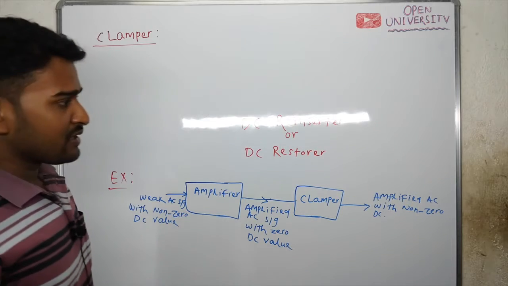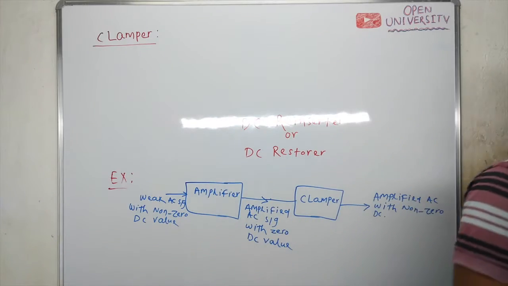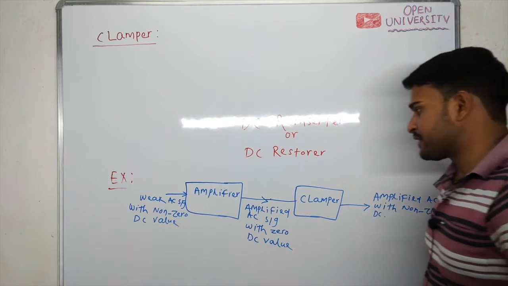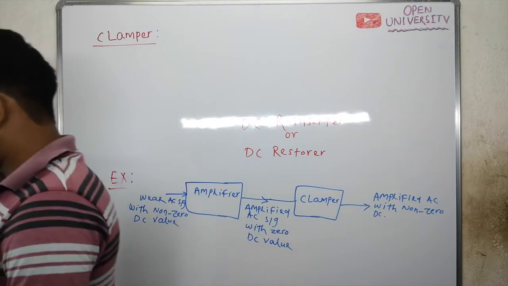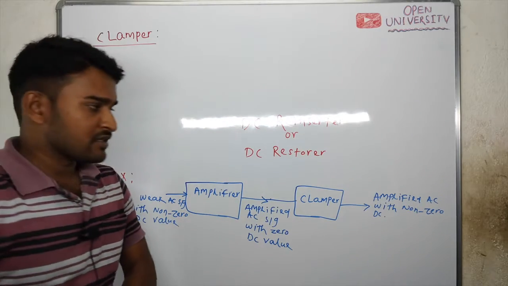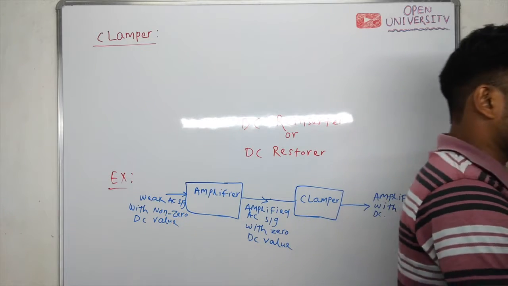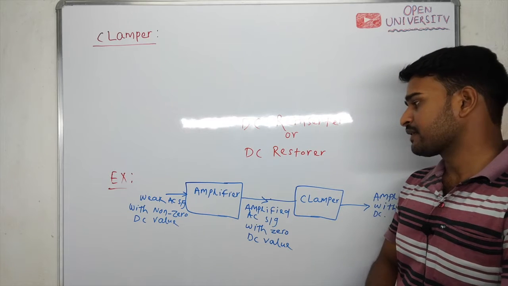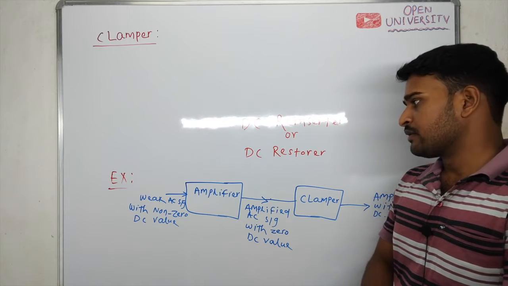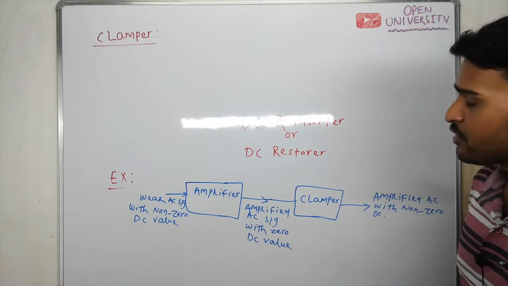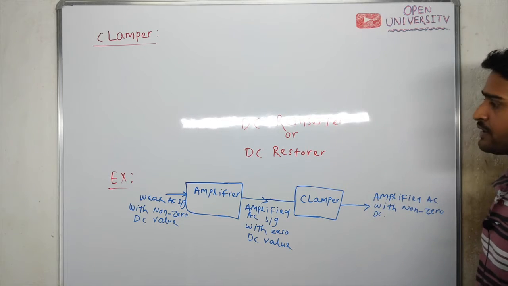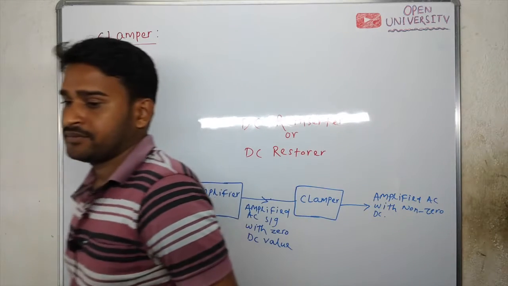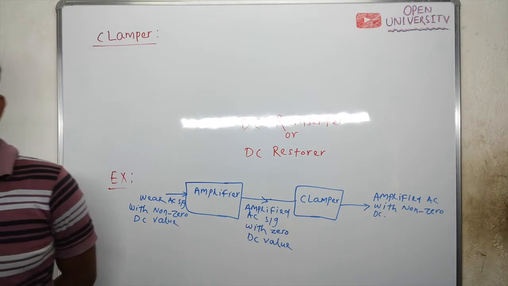So a clamper is also called a DC reinserter. Write down this point: a clamper is also called a DC reinserter or DC restorer because it can reinsert the DC component of a signal which has lost its DC component during a signal processing operation.